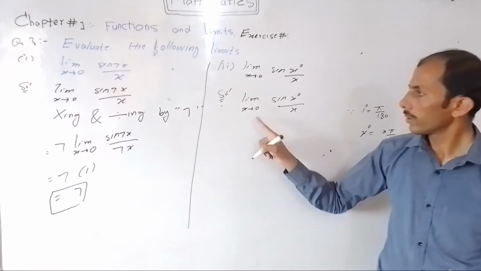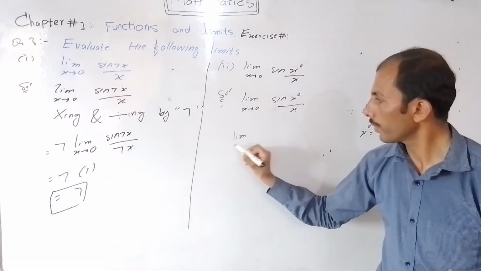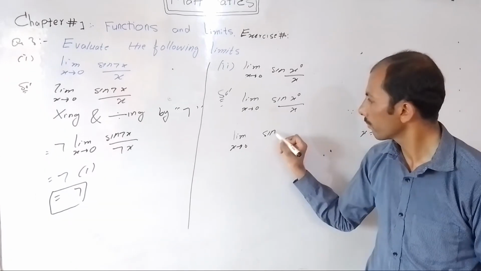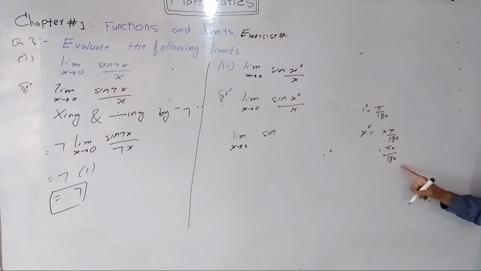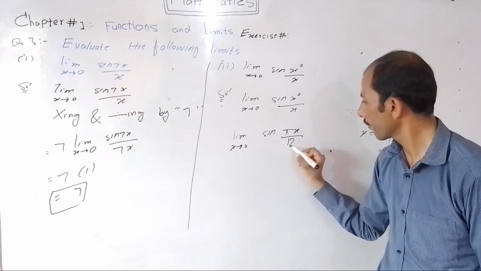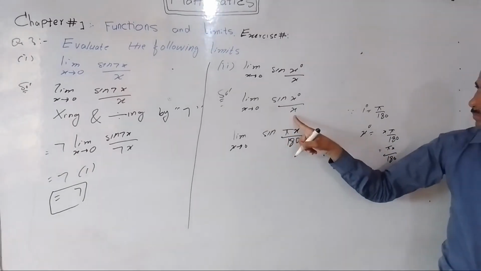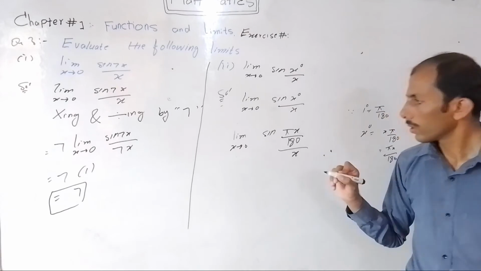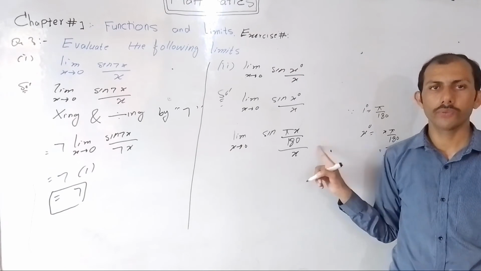So limit x approaches to 0 of sin x degree, which is sin pi x divided by 180, divided by x. Next, multiplying and dividing by pi by 180.